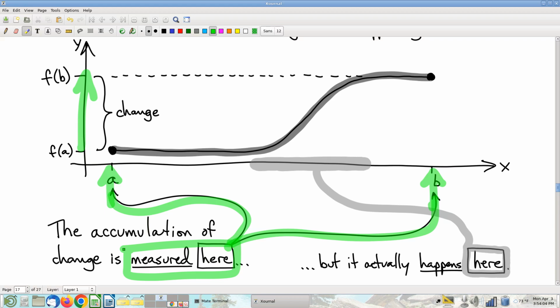And now I ask rhetorically, is that where the change actually happened? Let's think intuitively. If I'm looking at this function, where is it that the function changes? I hope nobody's weirded out if I say, look, there it is. That's where the function changed. You can see it in the process of changing along in there.